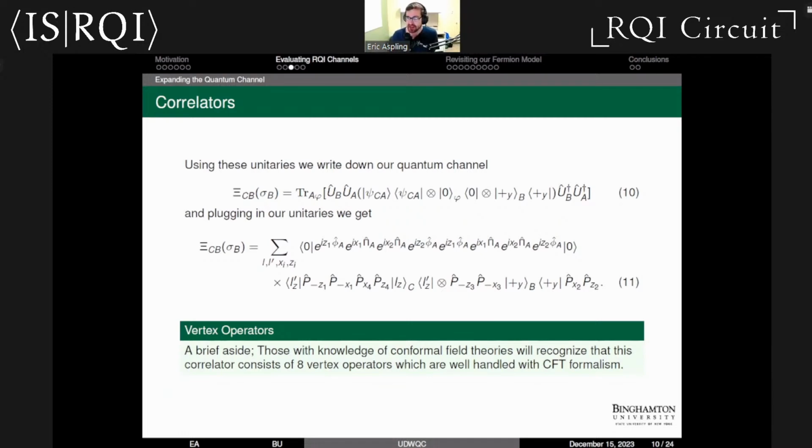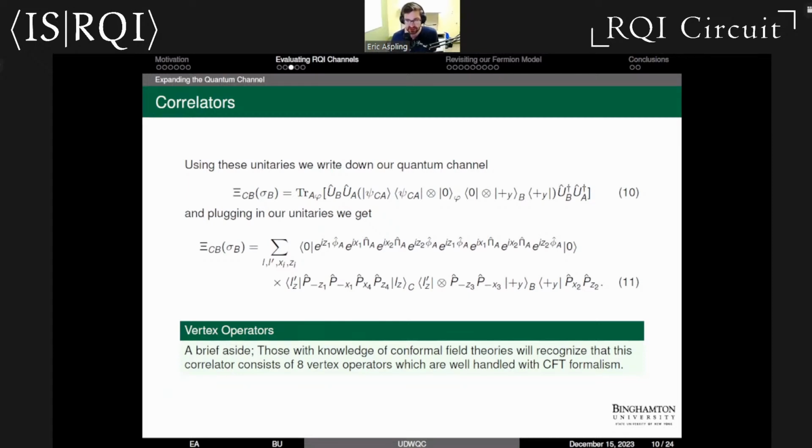So I really want to point out, and this is going to be one of the really important parts of this talk, that these field observables, these vertex operator-looking field observables, show up in this correlation function in the quantum channel because the field is traced out. And that's an important fact because these have really natural extensions in conformal field theories, right?